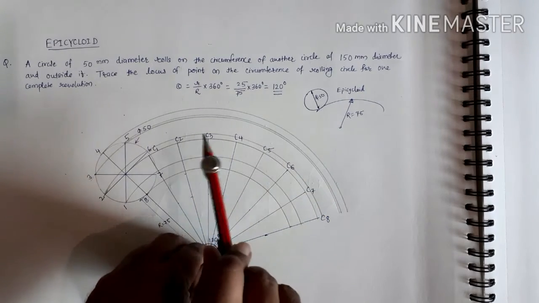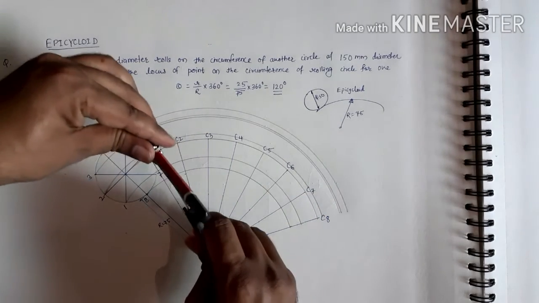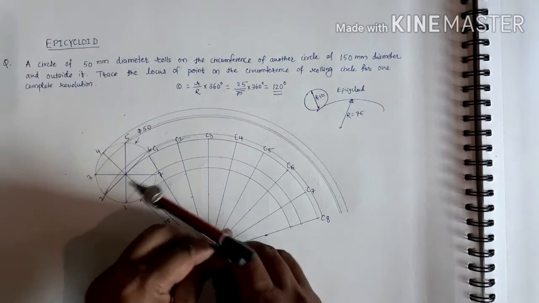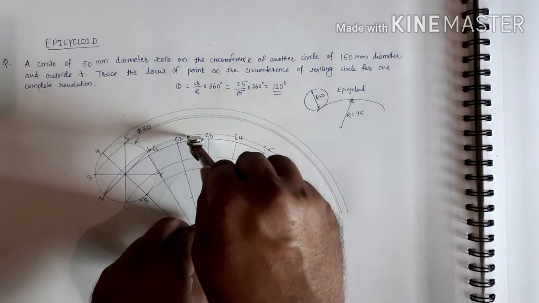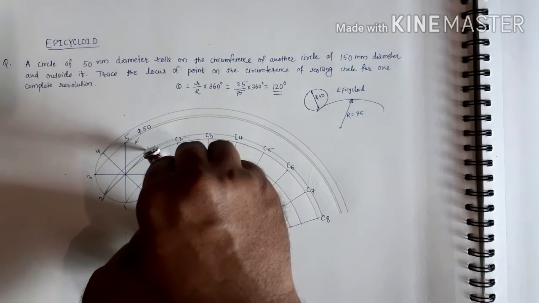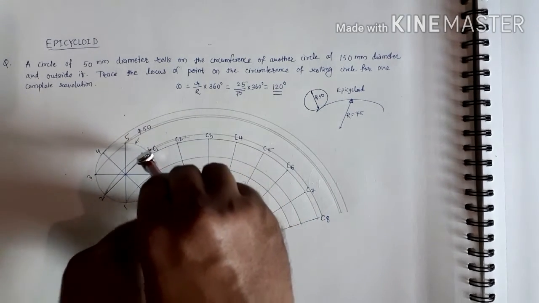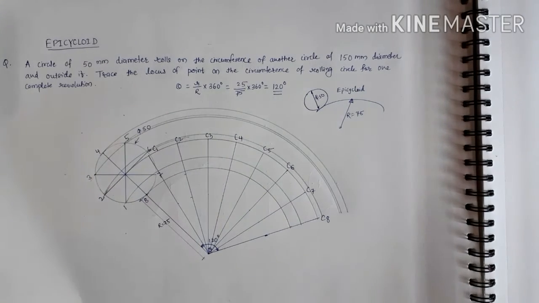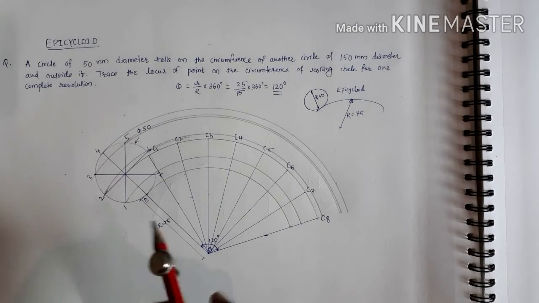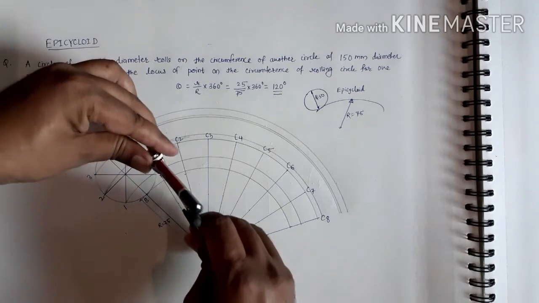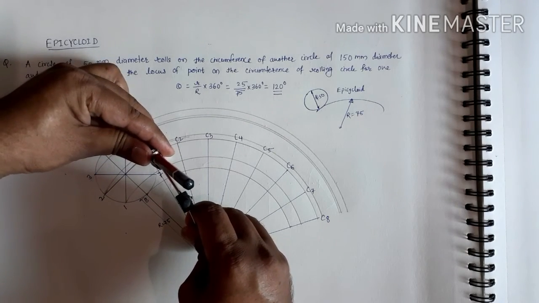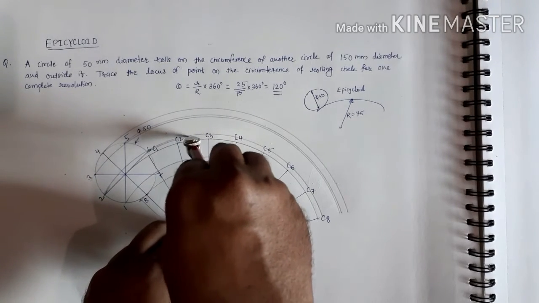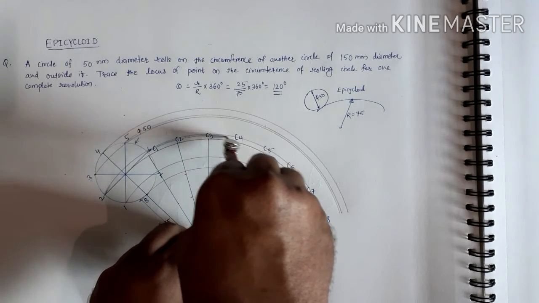Then 5, 6, the arcs pass through the same points. Then again from 7, it passes through the same points.